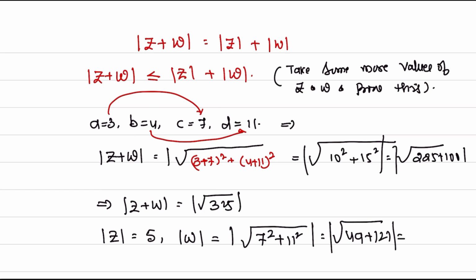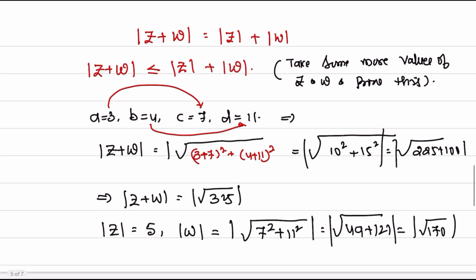Don't forget to put mods, absolute values. We have to find the absolute values. Square root of 170. That means modulus of Z plus modulus of W is equal to 5 plus square root of 170.